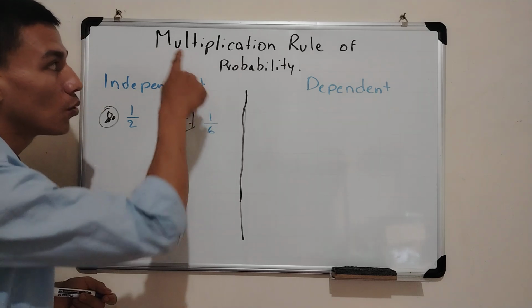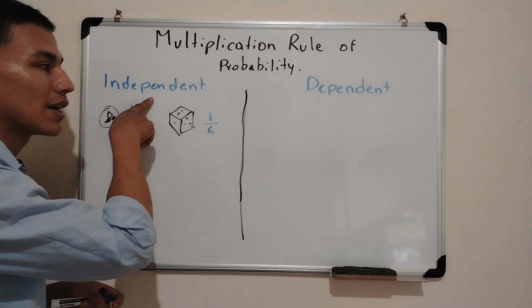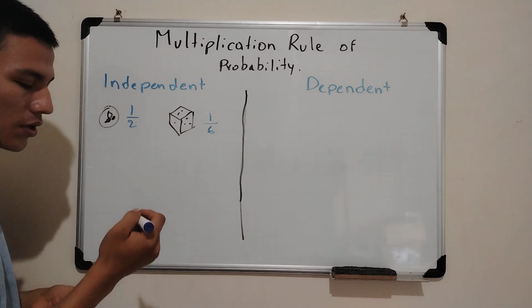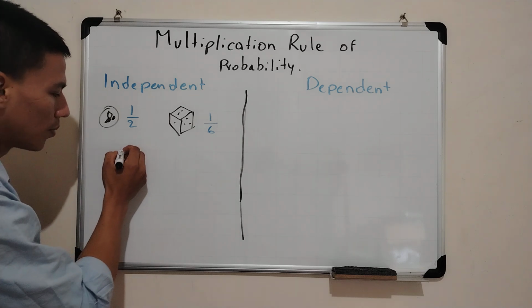Now, how would you multiply the probability of these two events when they are independent? It is simple, just multiplication.